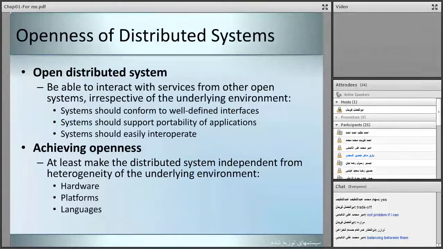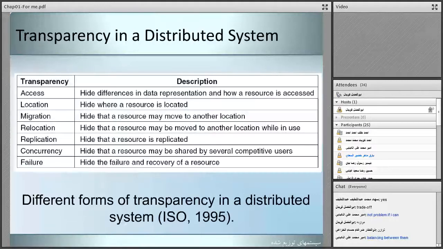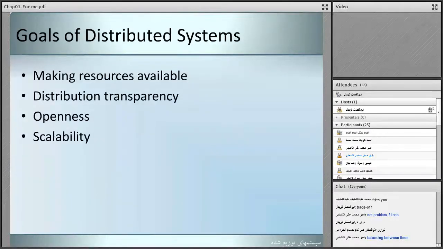And about openness. Openness is another goal of distributed systems, if you remember. Let me come back to this slide here. Goals of distributed systems. We talked about availability, we talked about transparency and different forms of transparency and also degree of transparency.